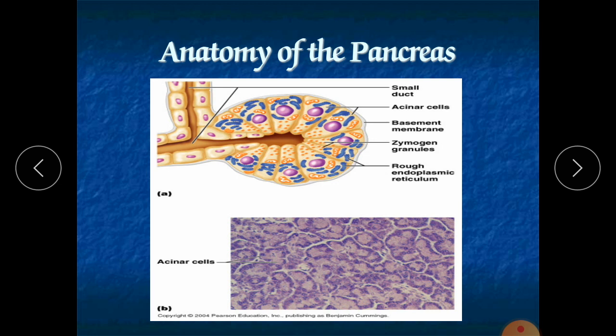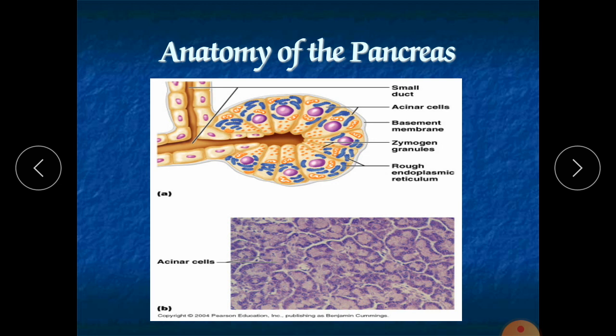After that, the next cell, the C cell, secretes somatostatin. What is somatostatin? It is an inhibitory hormone. It controls the secretion of glucagon as well as the secretion of insulin. And the F cell, the last cell, secretes pancreatic polypeptide.